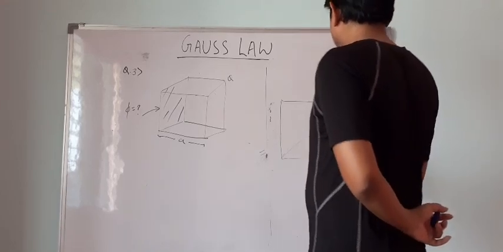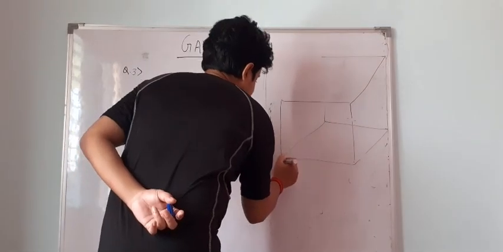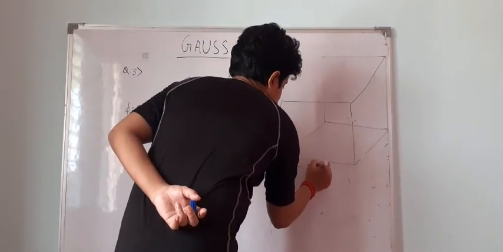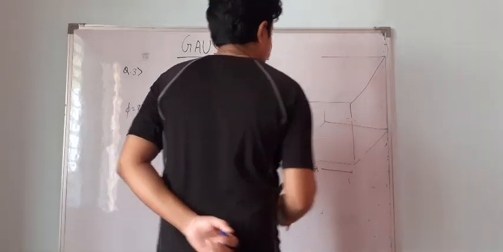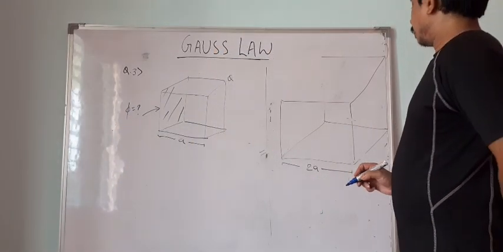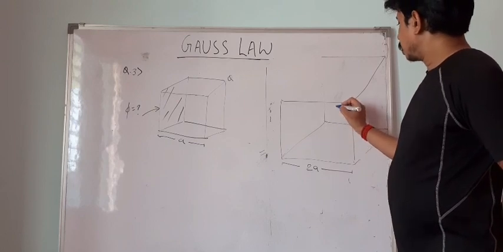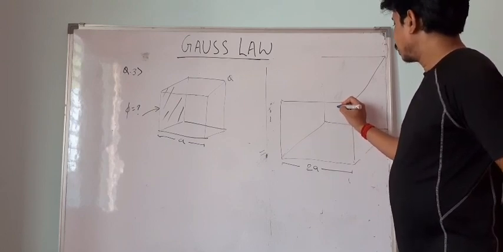This is a bigger cube of side length 2a. So this charge will come at its center.